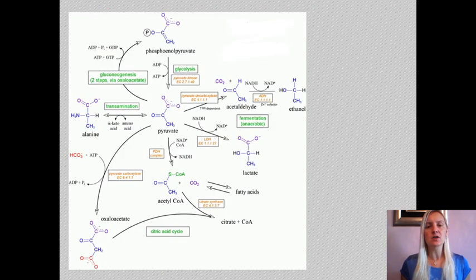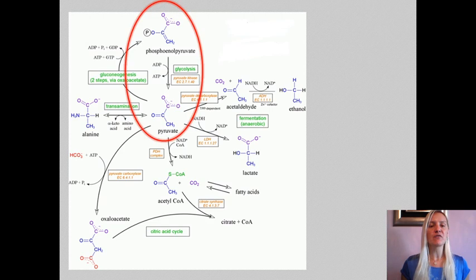So let's start and list all of these possible 6 pathways. This is the figure representing the possible pyruvate fates, and let's list and explain all 6. So let's start with the first one. This is something that we know very well. The last step of aerobic glycolysis is conversion of phosphoenol pyruvate to pyruvate.